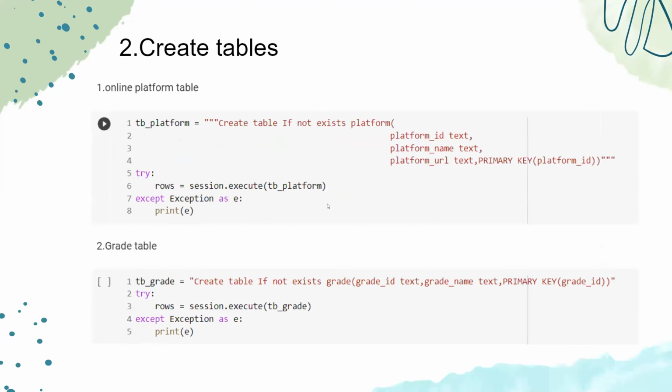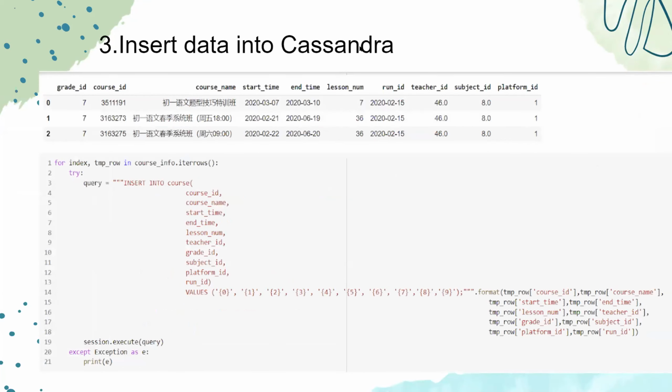The second step is to create a table. We create a teacher table, course table, category table, and so on. After I create the tables, I insert the data into the Cassandra database. This is a part in Python.